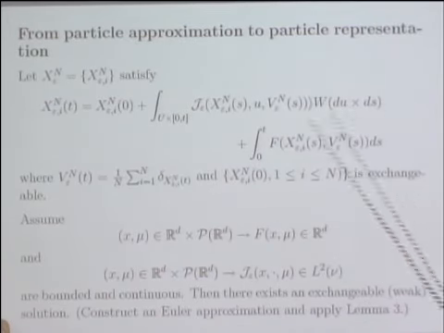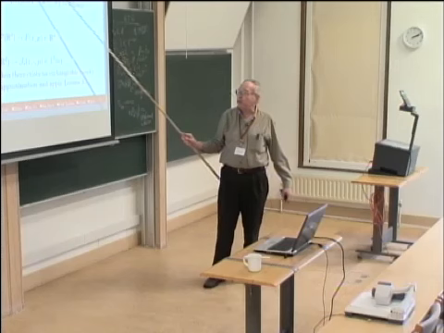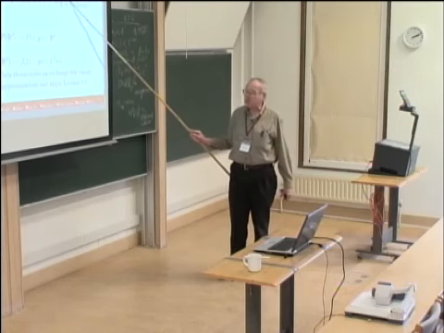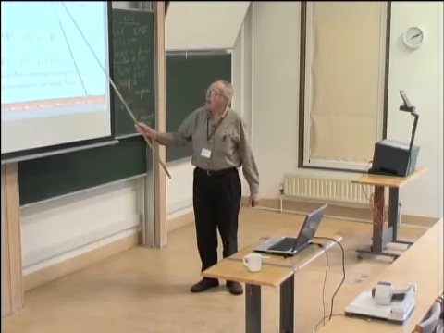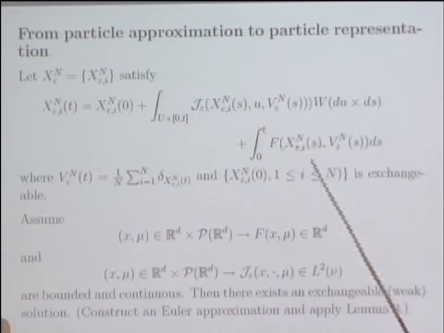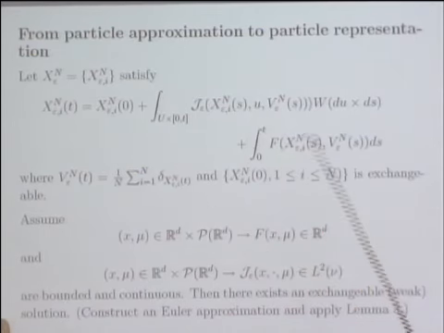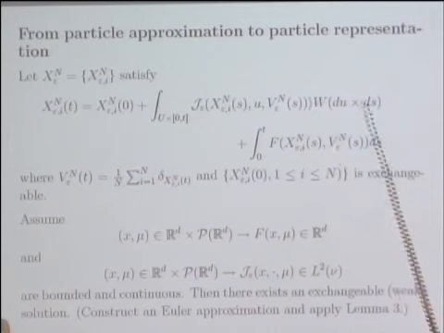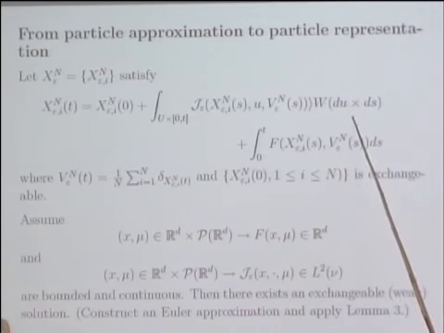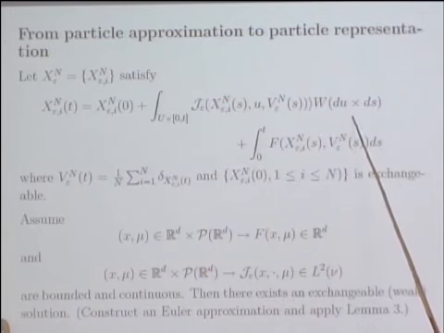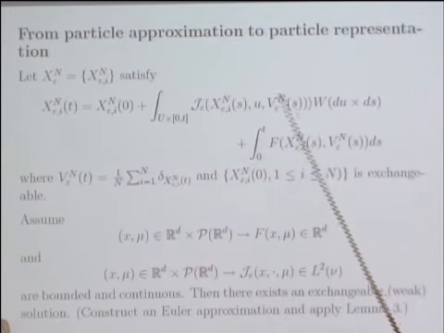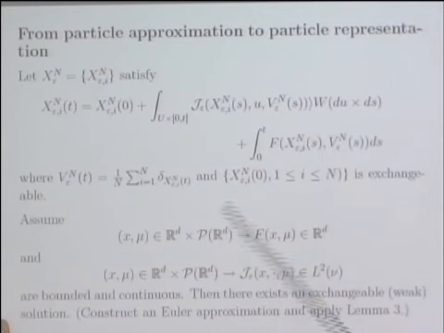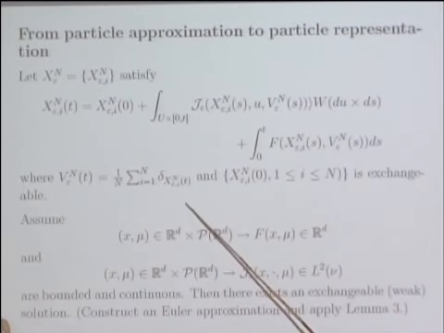This is just a diffusion process, and the dependence among the particles comes in two ways. One, they're all being driven by a common Gaussian white noise, and all these coefficients depend upon the empirical measure, okay?